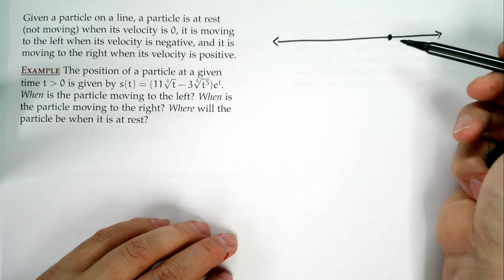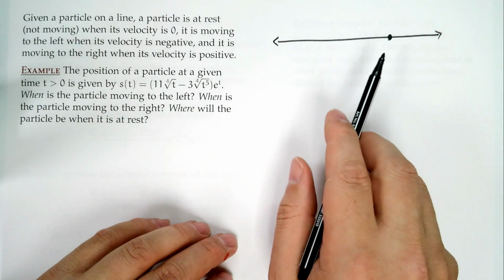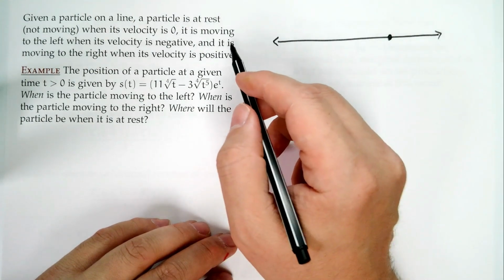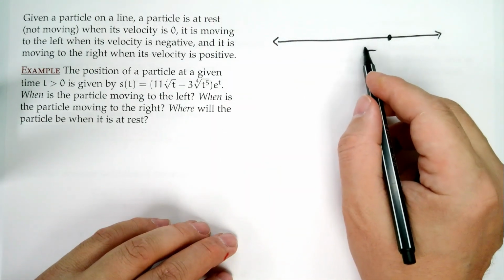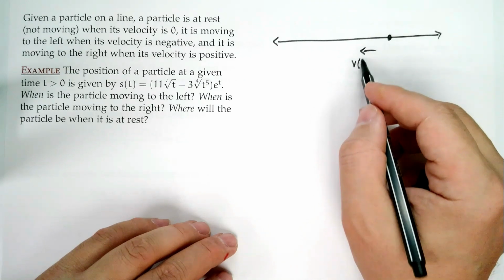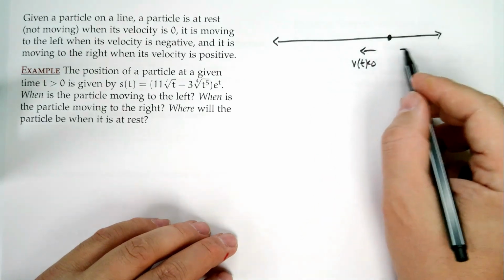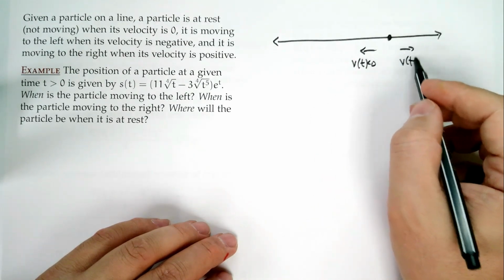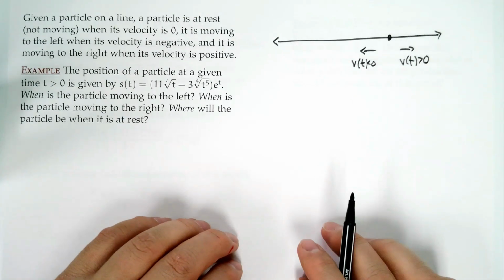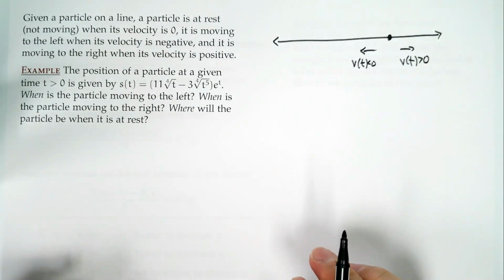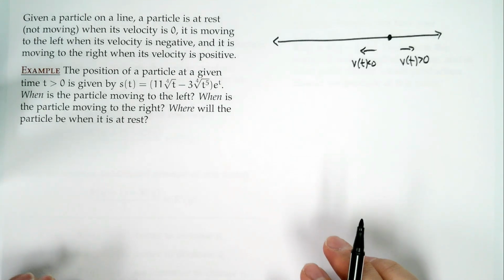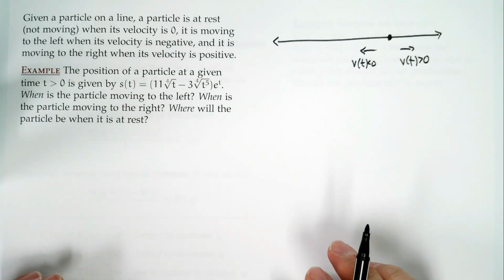It goes more negative, so we go that way. So again, we can talk about orientation. So here, we're moving this way if velocity is negative, and we move that way, velocity is positive. Orientation is very important in mathematics, and the further you go, the more important it gets.